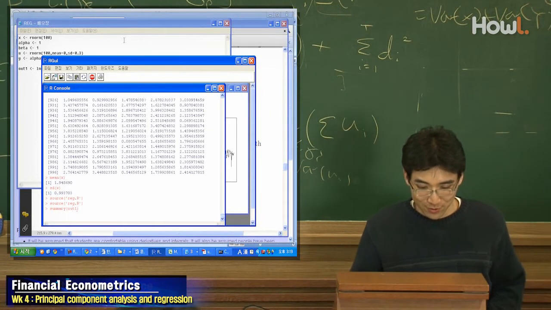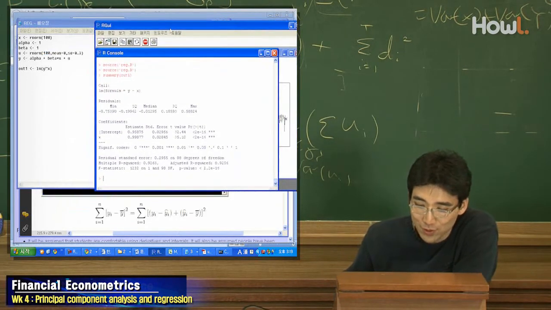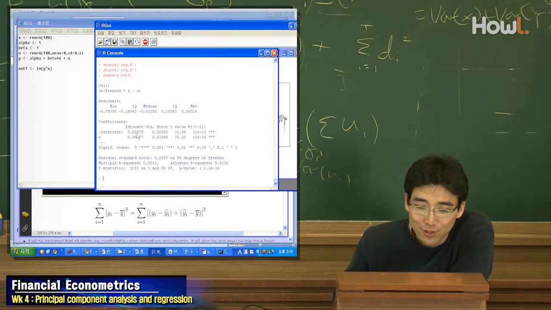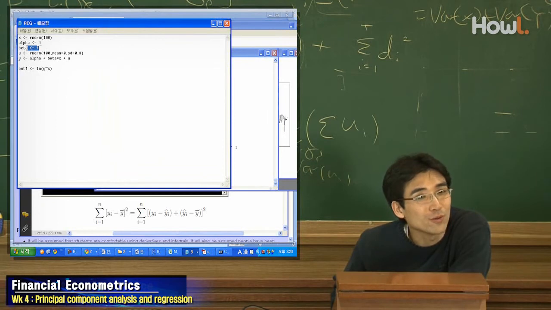If we look at the summary, let's take a look at our estimated values. The intercept term is basically alpha, right? The intercept term is 0.95, so it is reasonably close to 1 in some sense. And x is 0.99, so it is reasonably close to the true value of 1, right?